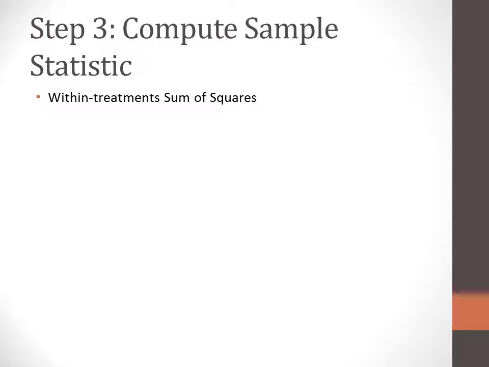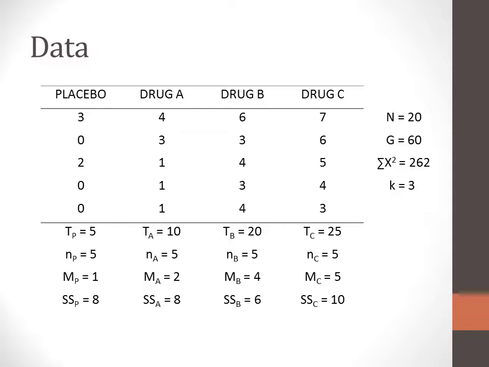Next, we're going to compute the within treatments sums of squares. So SS within treatments is equal to the sums of squares inside each treatment. In other words, the sums of squares for each of the different groups that we have. We have 4 groups, and we have already computed our sums of squares down here, and here it is in red.